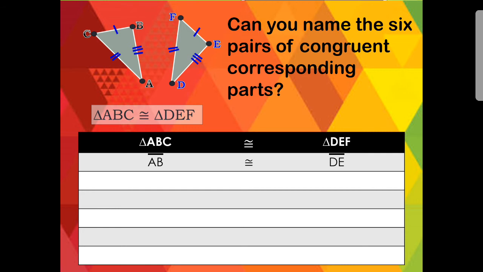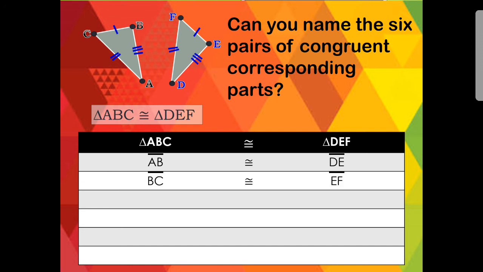To start, side AB is congruent to side DE. So what do you think is the next congruent side? Another 2 congruent sides and 3 congruent angles.